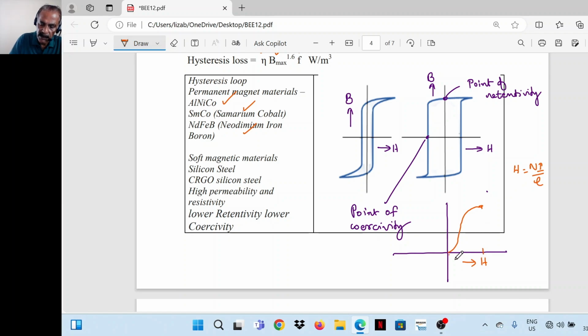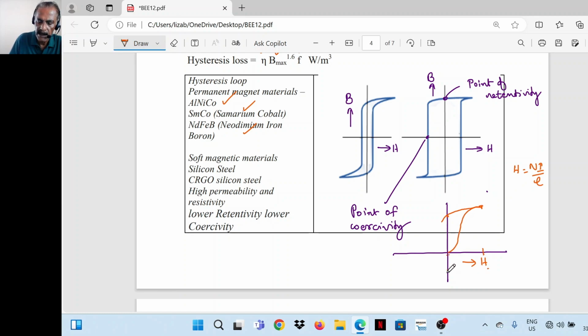When H is reduced, the flux density takes another path. When H is reduced to zero, this is the flux density in the core. That means the flux density does not come back to zero even after complete removal of the magnetizing force. We increased from zero to this value, and at that time this was the corresponding flux density.